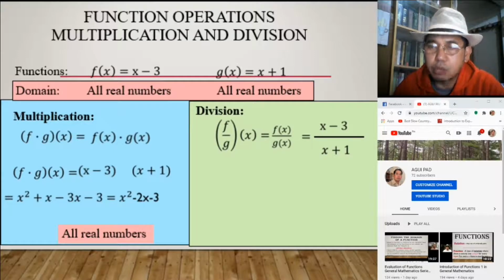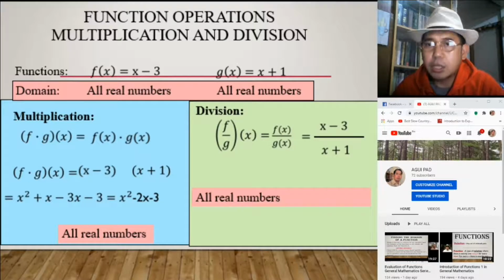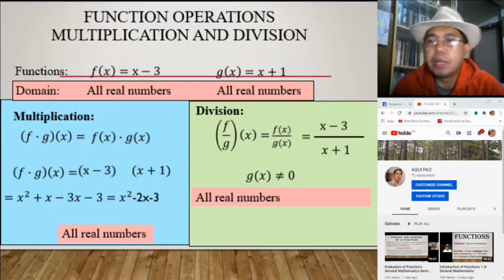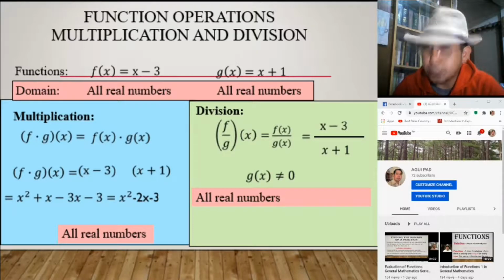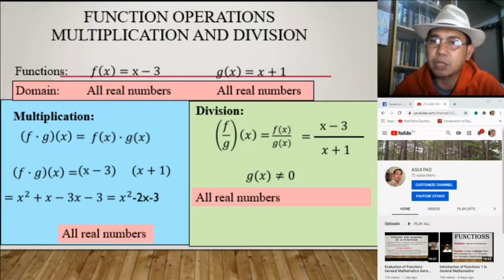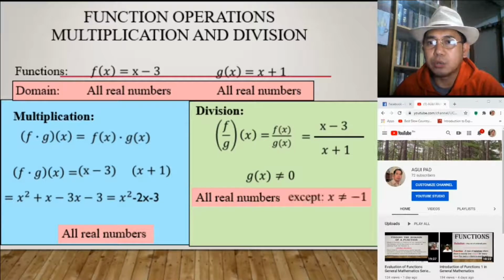Of course, the domain of the result of these two functions is all real numbers, but we need to disregard negative 1, because when we consider negative 1 to be the value of x, it will give you a denominator of 0, and there is no rational function to speak of if the denominator is 0, because the number is considered to be undefined.